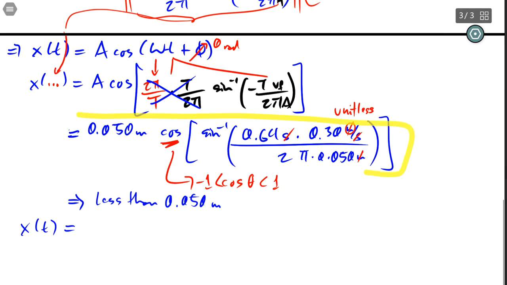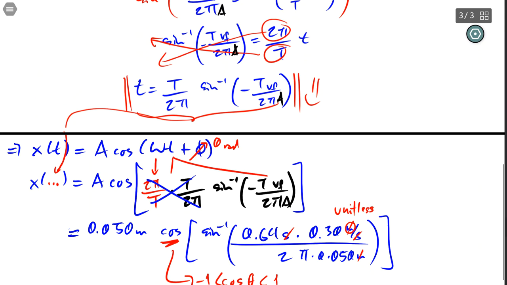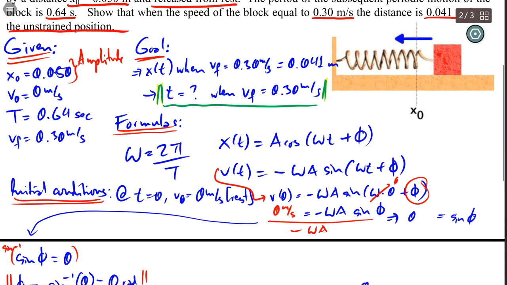Make sure whatever's on the top is on the top, bottom is on the bottom. You can do it separately. The answer that you'll get should definitely be 41 centimeters, which indeed is less than 0.050 meters or 5 centimeters.